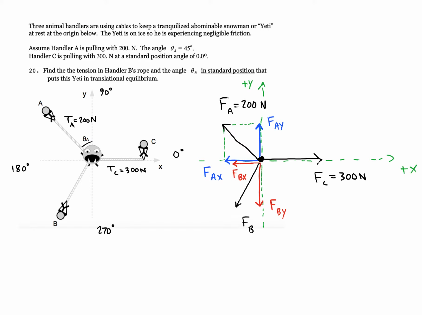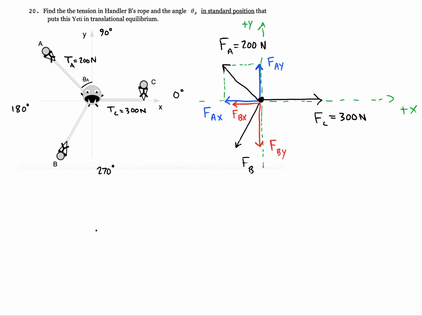Now what you do is you get rid of the vectors that you had originally, and you just redraw it using the components that you've just newly created. So we have that, we have this, and this, is this, and that.